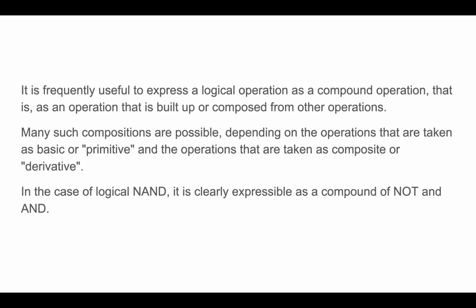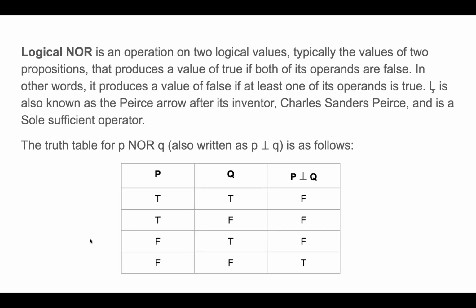It is frequently useful to express a logical operation as a compound operation, that is, as an operation that is built up or composed from other operations. Here, these are composite operations. Basic ones were negation, conjunction, disjunction, conditional, biconditional. NAND is a composite operation. Why?